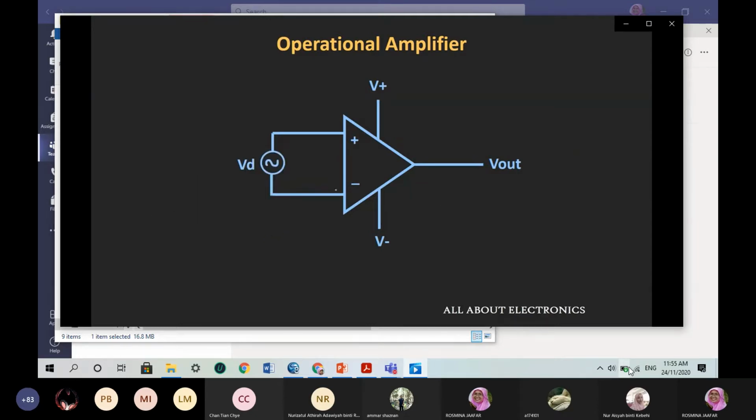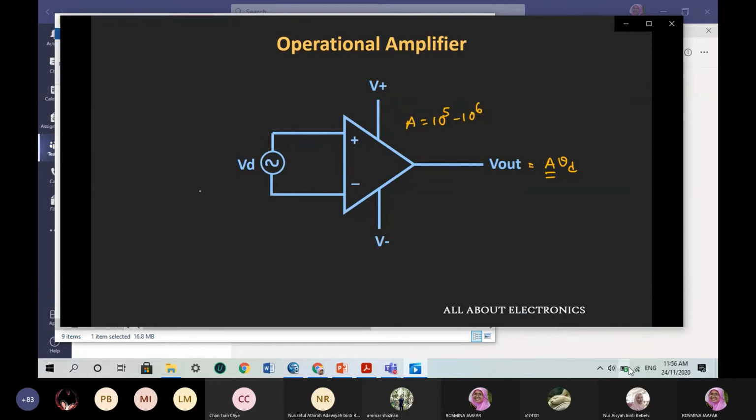Now suppose we apply the input signal between these two positive and negative terminals, then at the output we will get A times this differential input signal, where A represents the open loop gain of this operational amplifier. This operational amplifier is a very high gain amplifier, and the value of gain used to be in the range of 10 to the power 5 to 10 to the power 6.